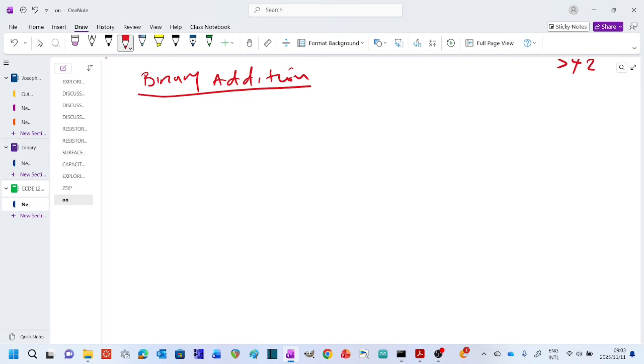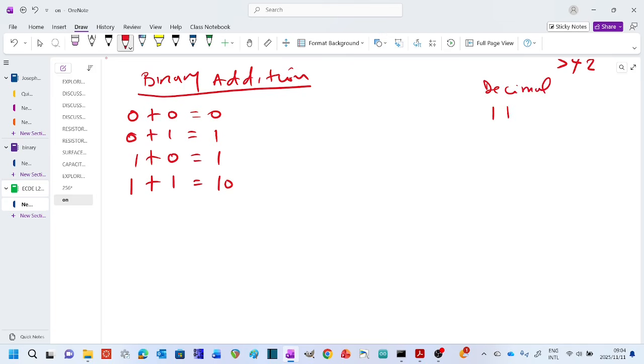The rule says that 0 plus 0 is 0. 0 plus 1 is 1. 1 plus 0 is 1. And then 1 plus 1 is 10. In decimal, when we were in primary school, 1 plus 1 was 2. So 2 in binary is actually 10. That's why our answer is 10.